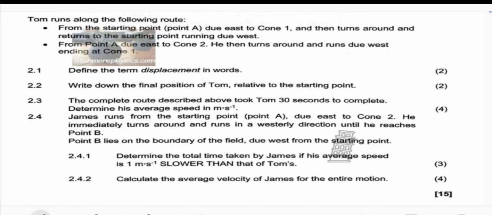I hope you can see what Tom is doing there. He started from the initial point, he went to the first cone, and then he went back to the initial point. So there is something we can say about his distance there. There is something we can say about his displacement there. Definitely, there is something we can say.